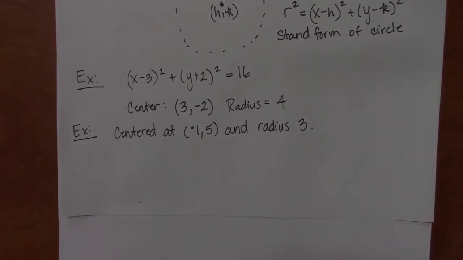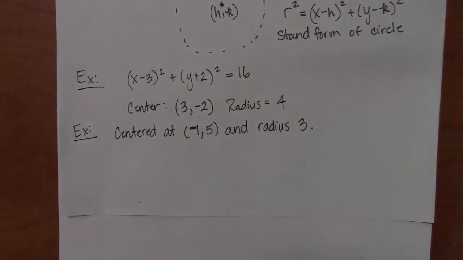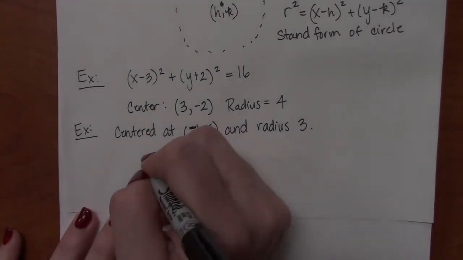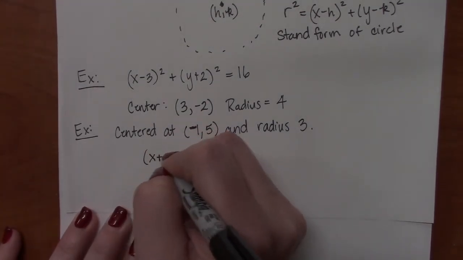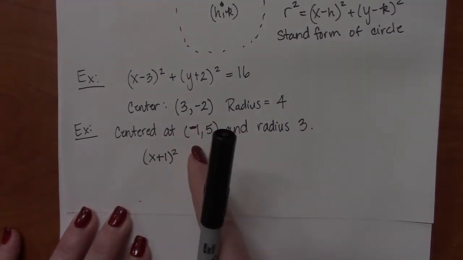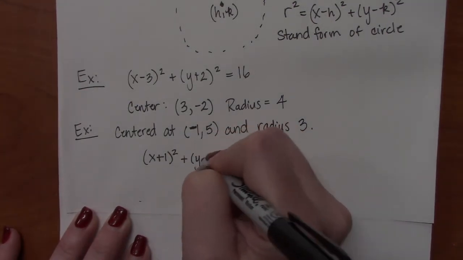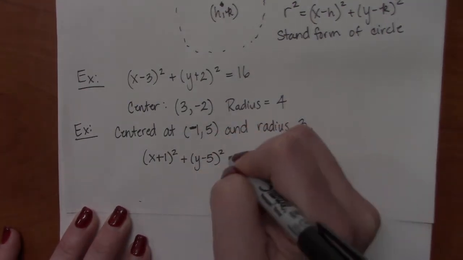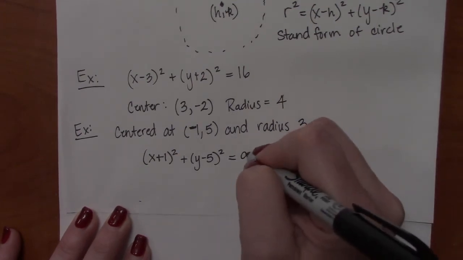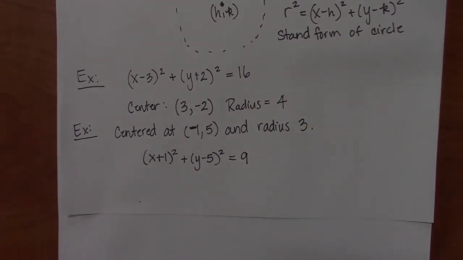So if you know the standard form, you should be able to just pop this information in and get the circle. So this will be x plus 1 squared, because the sign's going to flip back just like it would flip when you pull it out. And this will be y minus 5 squared, and it will equal the radius squared, which is 9.